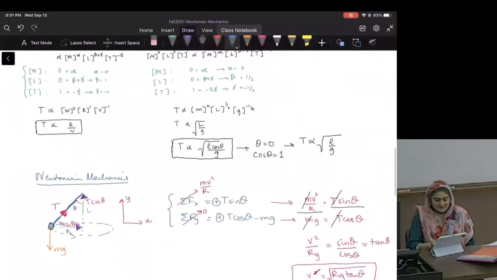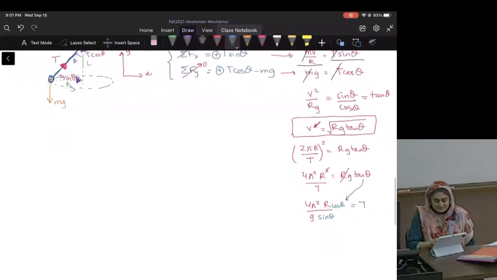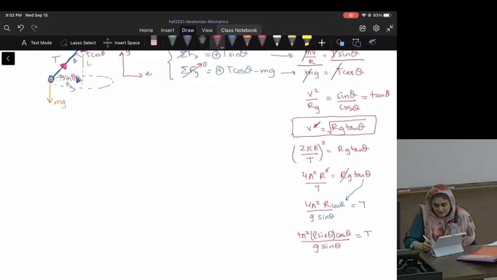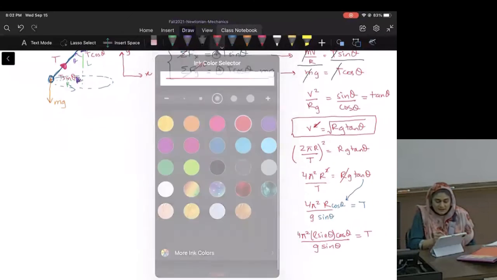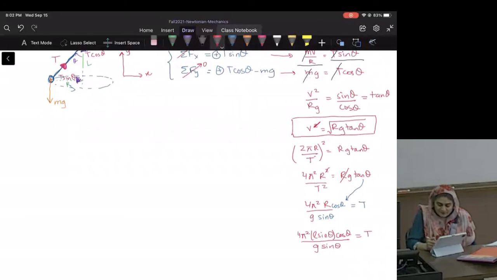R was L sine theta. So can I replace R with L sine theta here? So I will get 4 pi squared L sine theta cosine theta divided by g sine theta equals T squared. Ooh, I messed up. There should be a square here, and a square here.